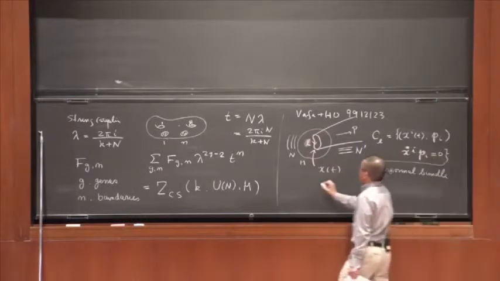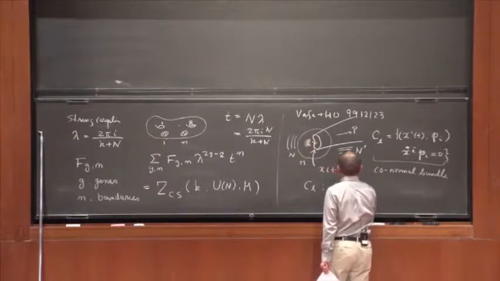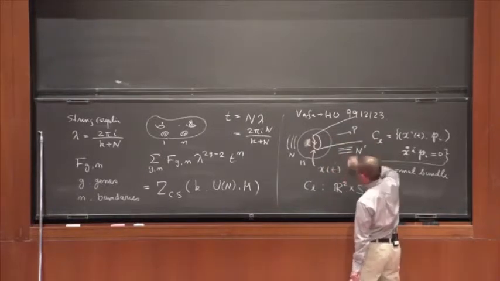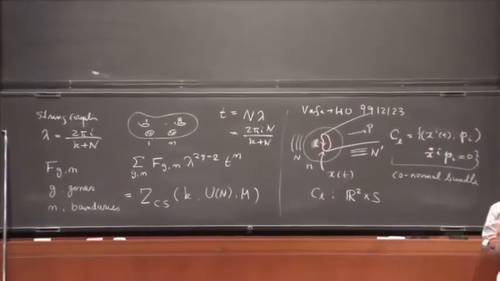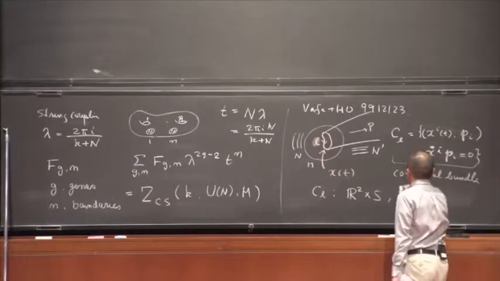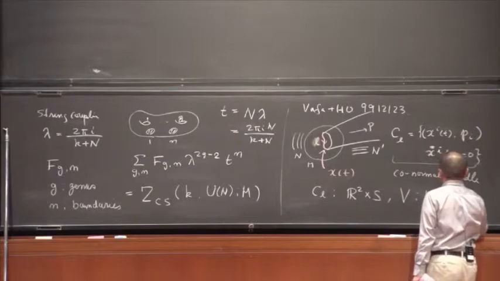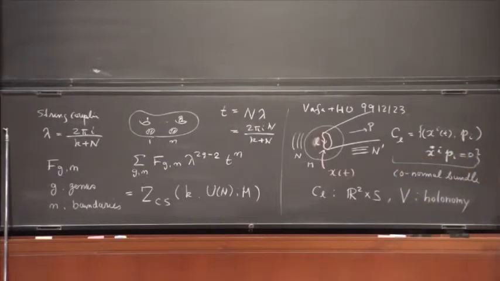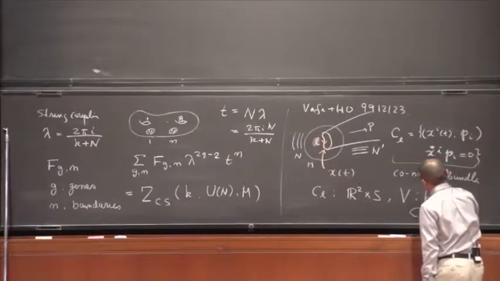And C_L has the topology of R^2 times S1, because it's extended in 2 dimensions and there is a circular direction to it. So in particular, there is a holonomy associated to it. If you have n prime D-branes on it, you can consider the holonomy around this S1. This is an element of U(n prime).